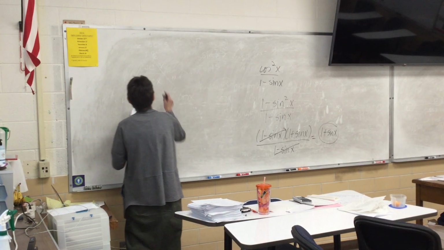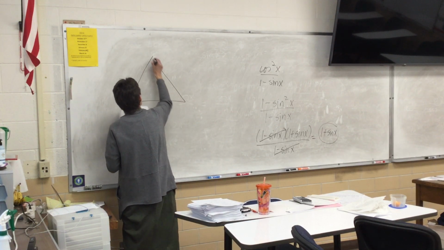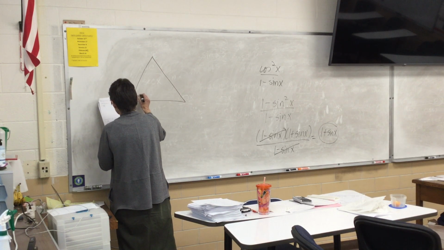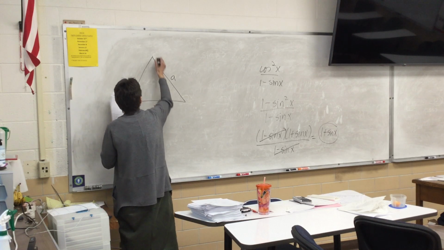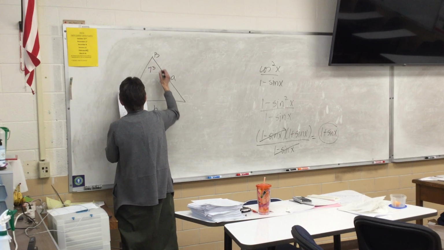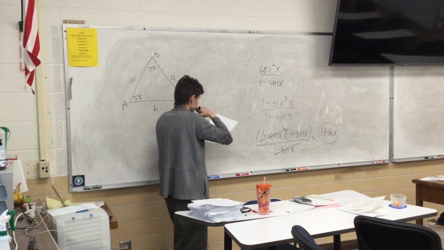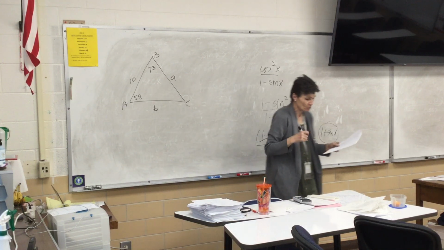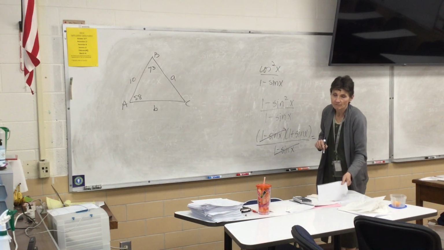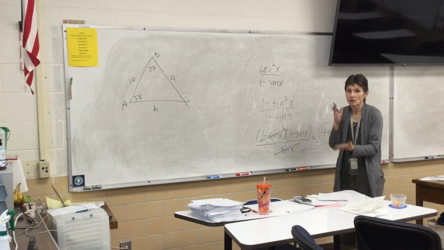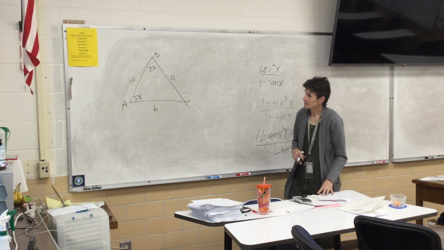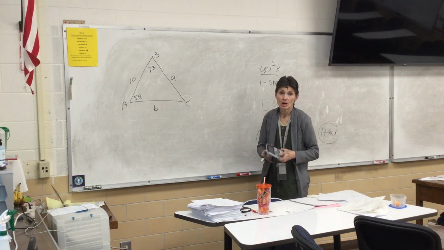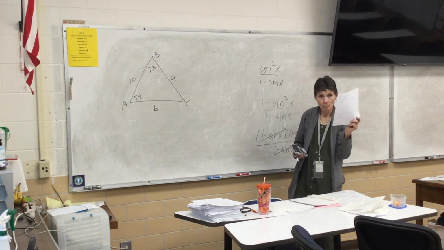Now the next one looks very similar to a problem we just did. This is practice test number 2, problem number 2A. It says solve the following triangle. Exactly what's on your quiz. Solve the following triangle. So that means find everything you don't already know. They're listed there for you.